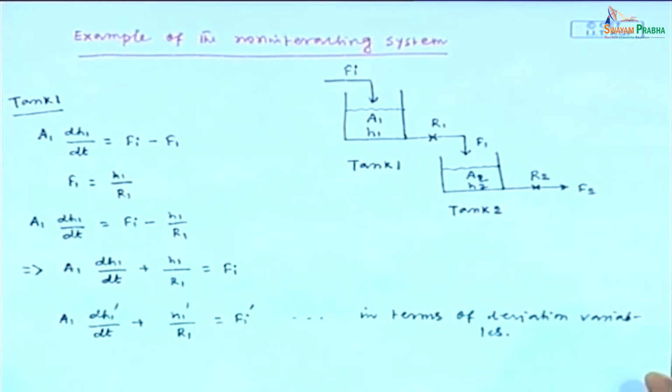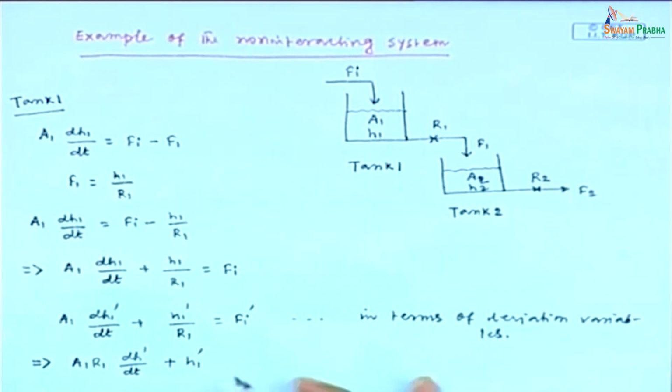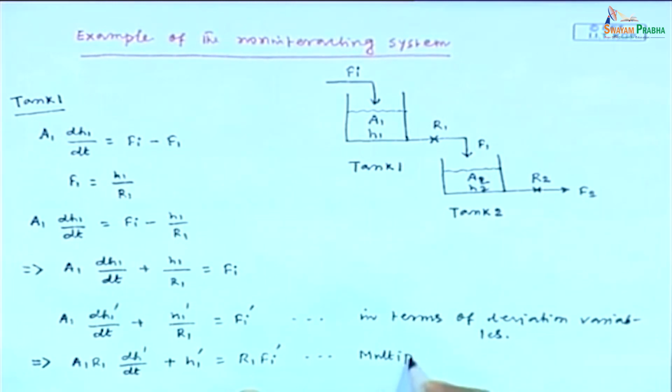Now, if we multiply both sides by R1, then we get A1 R1 dH1'/dt plus H1' equals R1 Fi'.